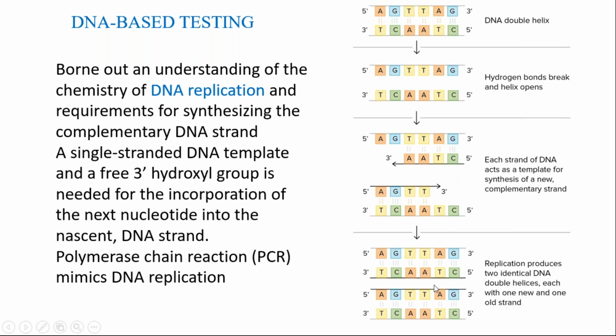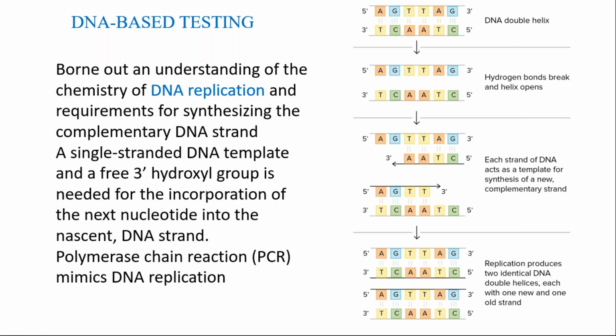And so from a single strand of DNA, you get two daughter strands which are exactly the same. So based on replication, the polymerase chain reaction mimics the DNA replication.